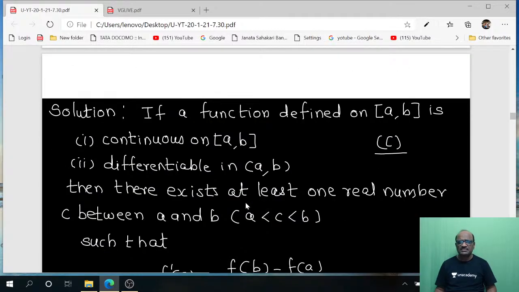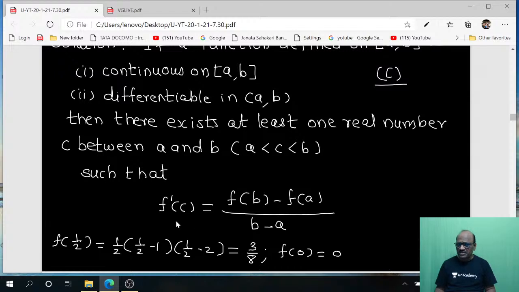Now let us try. If a function defined on the closed interval [a, b] is continuous in the closed interval [a, b], and differentiable in the open interval (a, b), then there exists at least one real number c between a and b such that f′(c) = (f(b) − f(a))/(b − a).